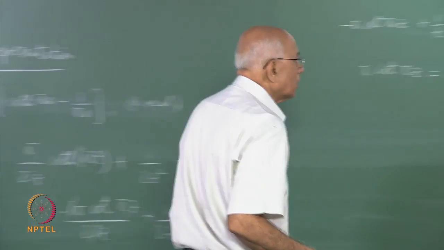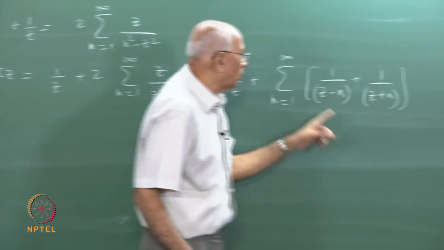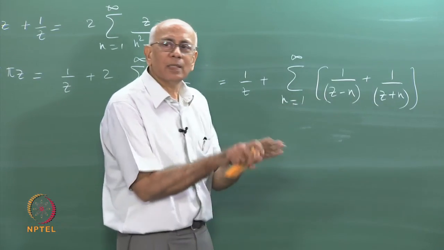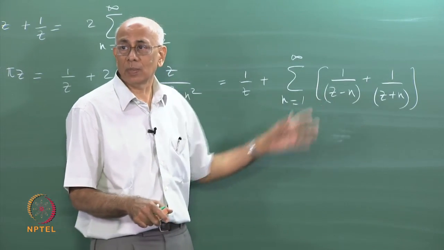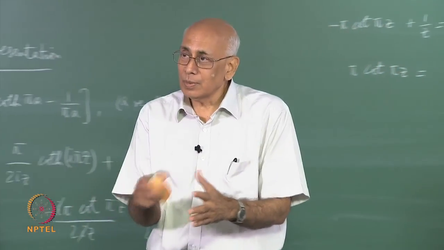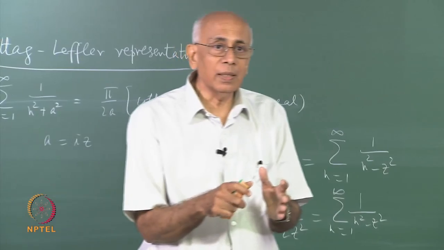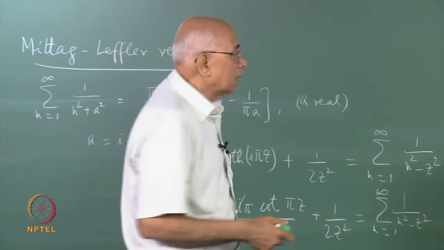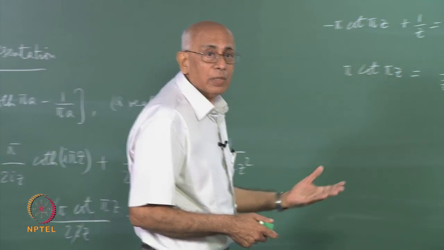Similarly, this series too is not convergent. In other words, I am not allowed to take the square bracket and separate the summands and write it as two different sums. So here is a case where you have to first sum these two terms inside the square bracket for each n, and then do the summation over values of n. Is that clear? Because of convergence problems.